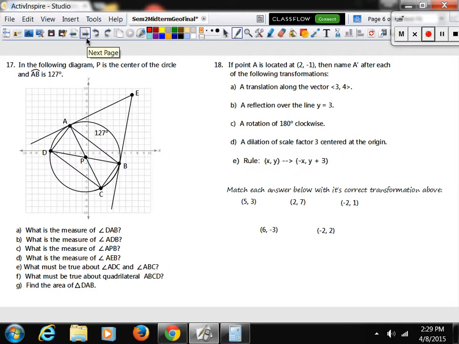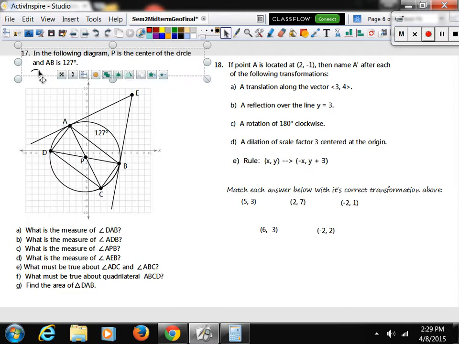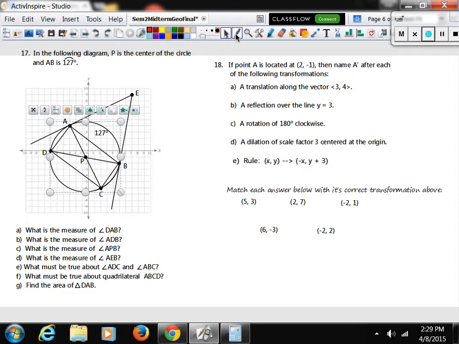Let's see, 17. Okay, we've got our 127. It says, what is the measure of D to A to B? Okay, that is opening up to this diameter, therefore this is 180 degrees.